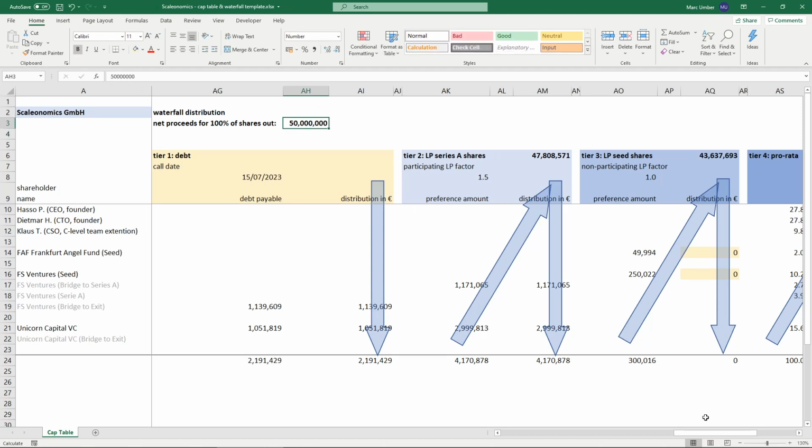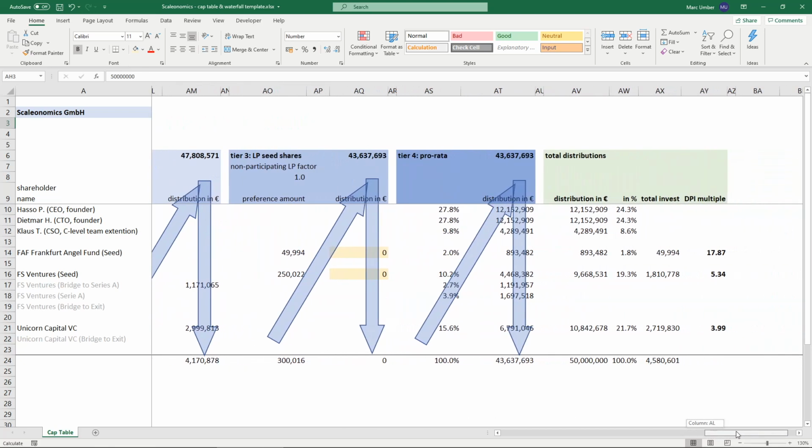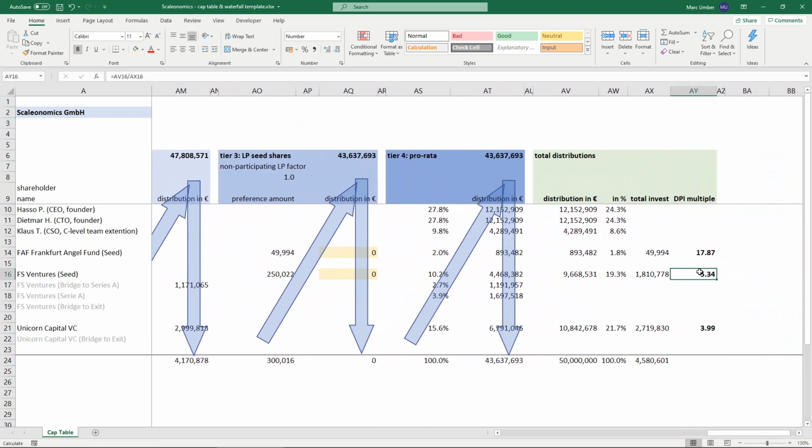This is not too aggressive. And we now see that Frankfurt School would make an investment multiple of 5.34, and Unicorn Capital would have made an investment multiple of 3.99. That is an okay multiple. For venture capital, this is an okay multiple.